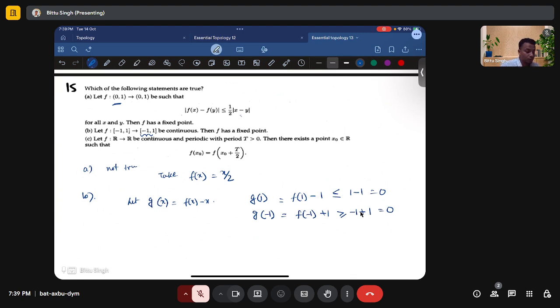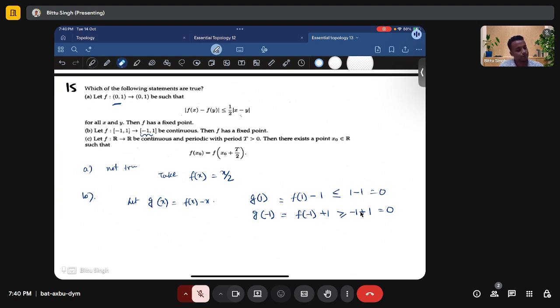So g(1)... so if possible, assume there is no fixed point. So it is okay, there is no such need.